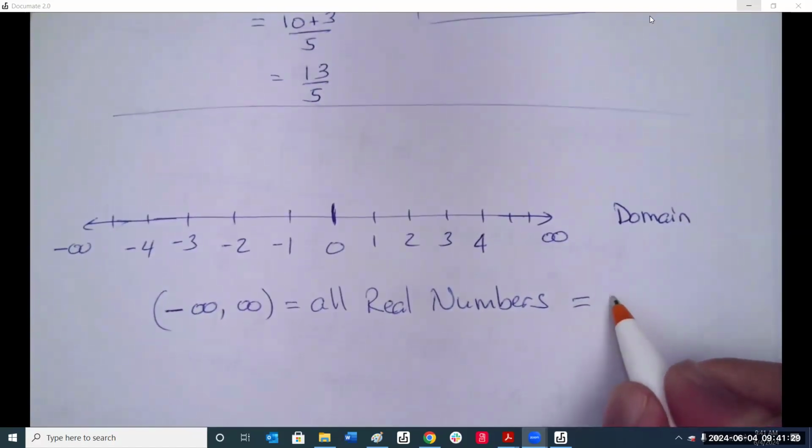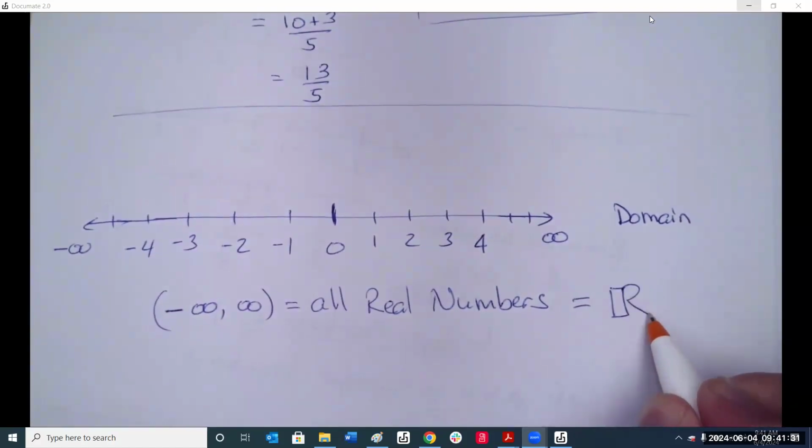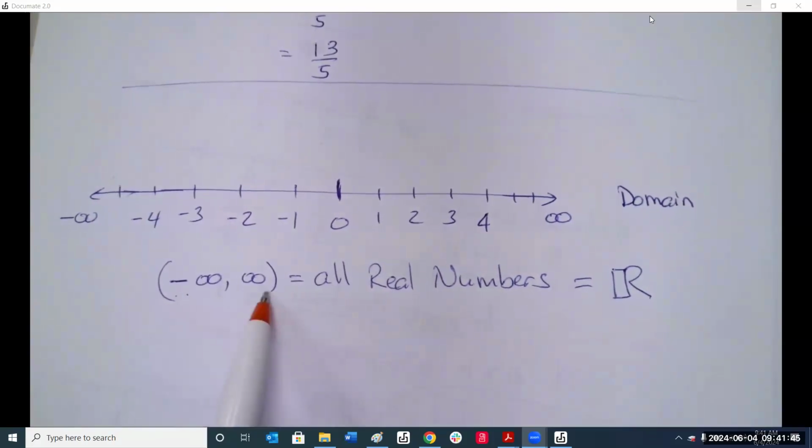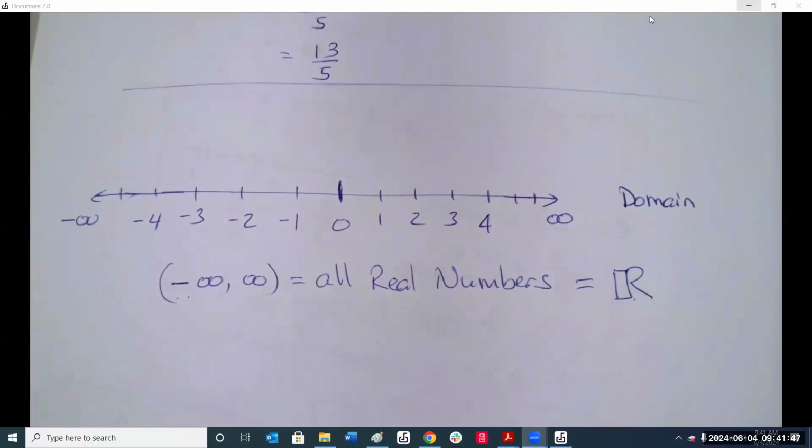The symbol we use for that is that R symbol. So instead of writing this, you can just put that symbol and it's the same thing.